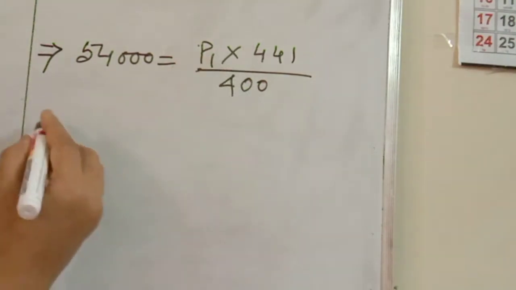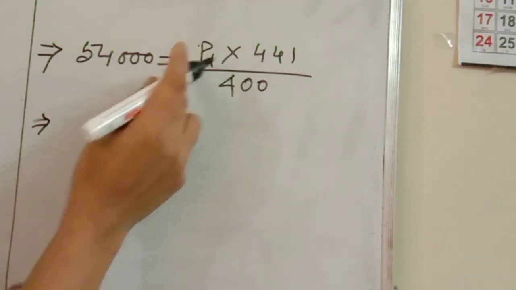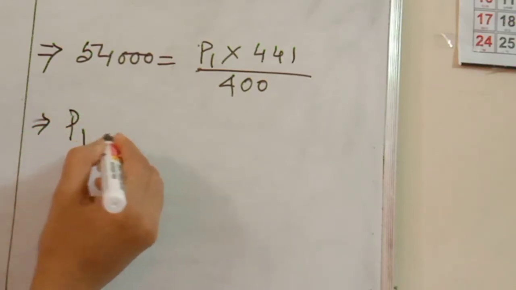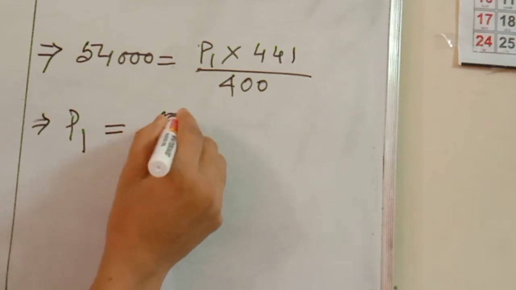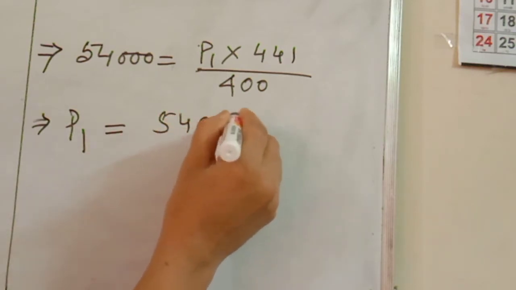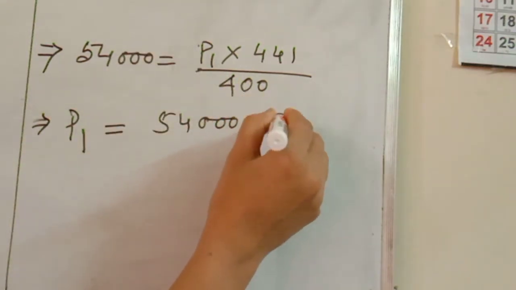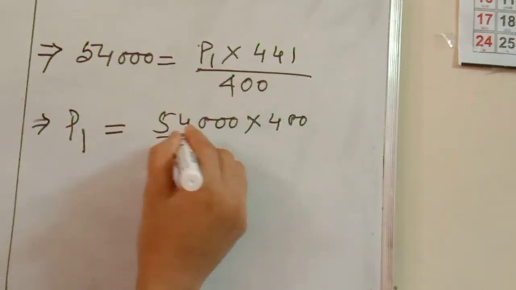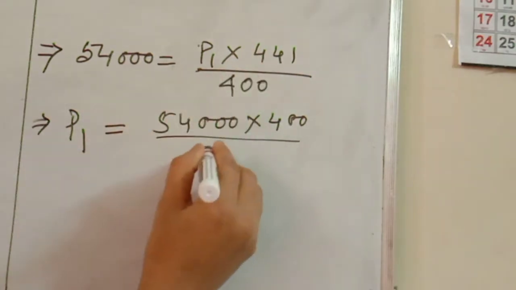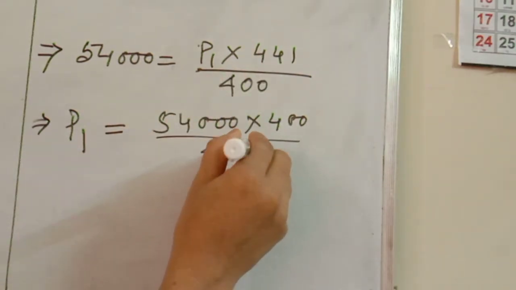Now we have to find the value of P1, the unknown portion of this sum. So P1 equals 54,000 cross multiplication into 400, that is 54,000 into 400 by 441.